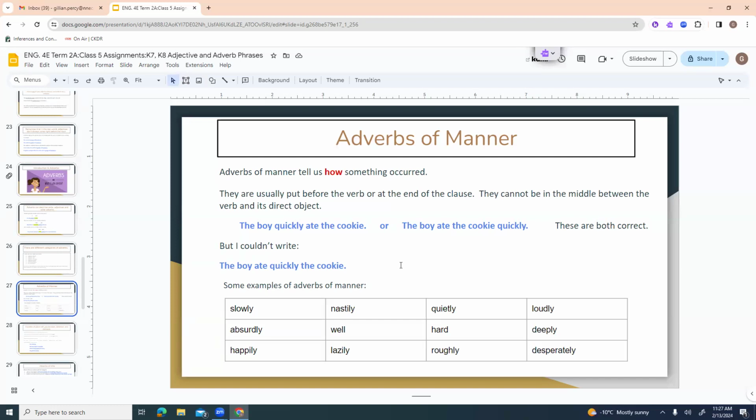It just sounds funny. So some other examples of adverbs of manner are things like slowly, absurdly, happily, nastily, well, lazily, quietly, hard, roughly, loudly, deeply, and desperately.